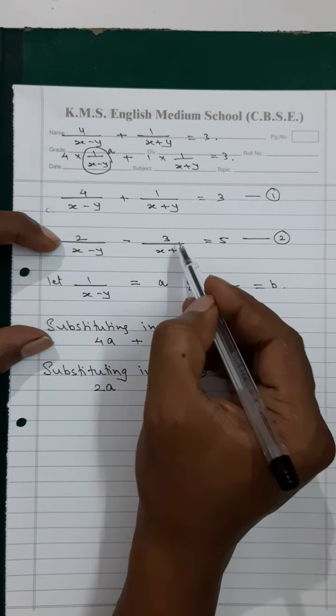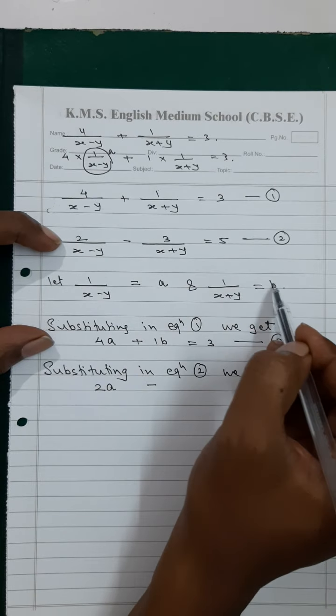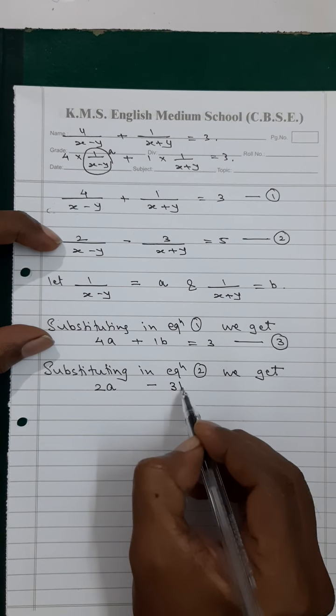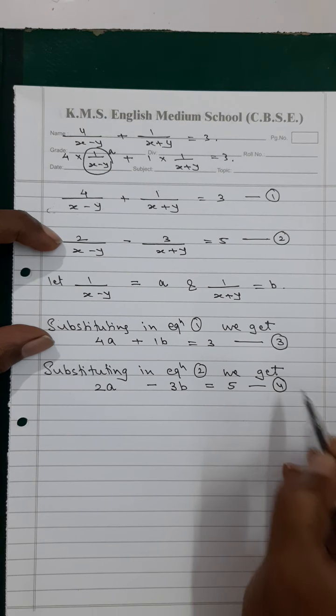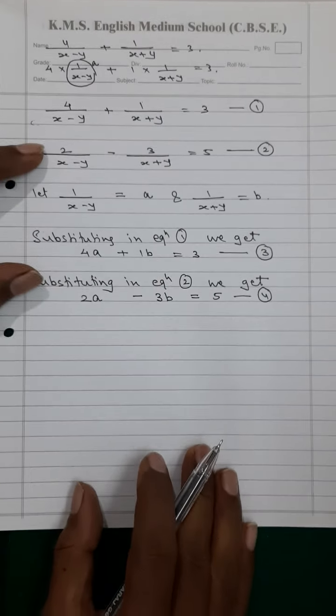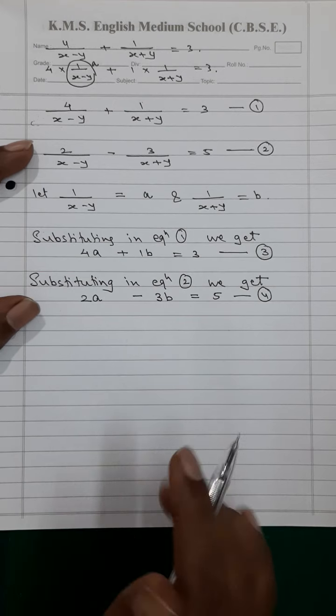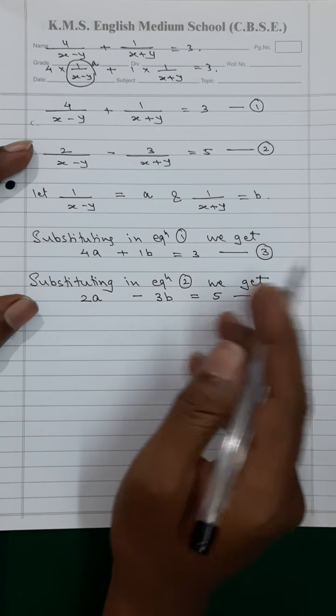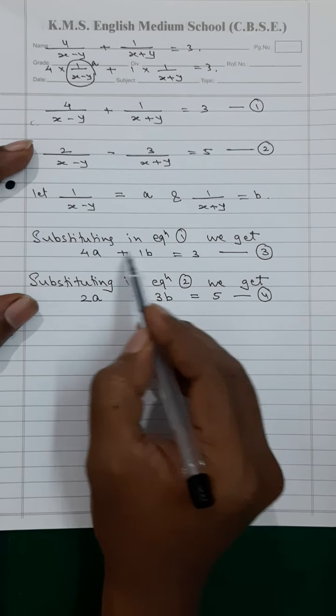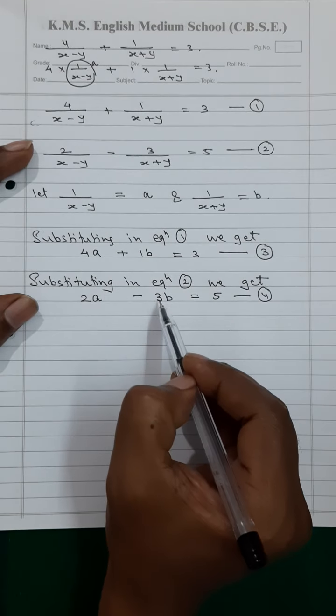Try to understand, it is 1 upon x plus y and 1 upon x plus y is b. So 3b is equal to 5. Now if I decide to solve this, I will target b, because the signs are plus and minus, opposite, so addition will be easier. So for that I will have to multiply this equation by 3.